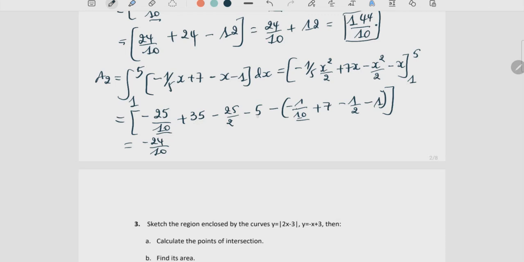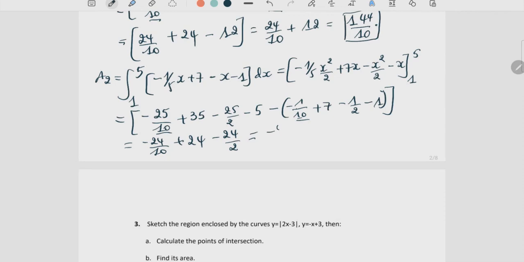35 minus 5 is 30. Minus 7, that's 23. Minus 1, which is plus 24. Negative 25 plus 1, negative 24 over 2, which is just 12.